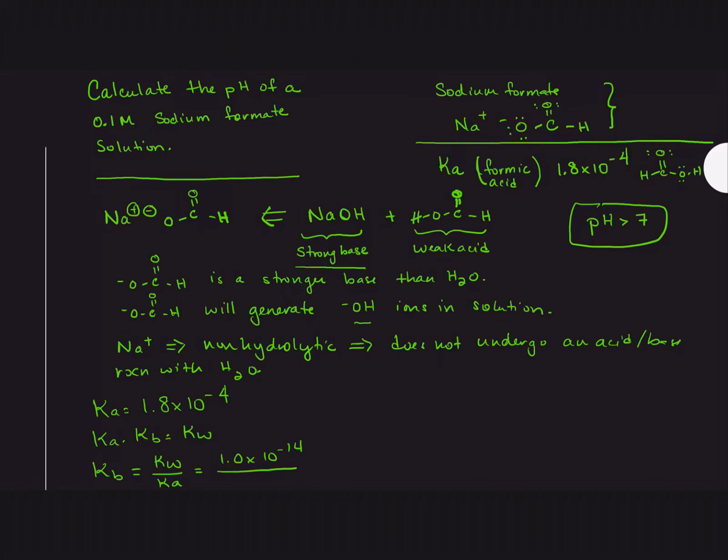Therefore, we can just use the constant 1.0 times 10 to the minus 14th unless otherwise specified. And I divide this by 1.8 times 10 to the minus fourth, and we get 5.5 times 10 to the minus 11th. Therefore, formate is a fairly weak base. The pH should not be much greater than 7. It will be greater than 7, but it's a fairly weak base.